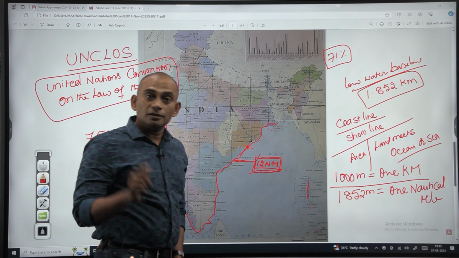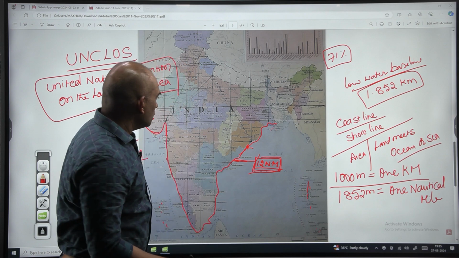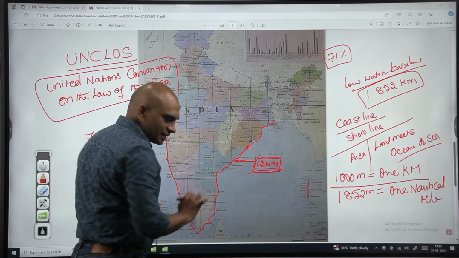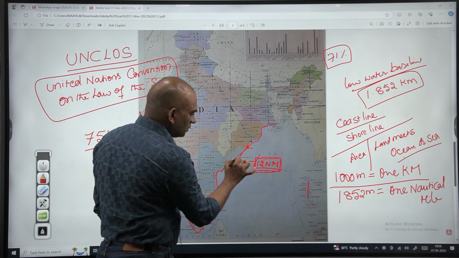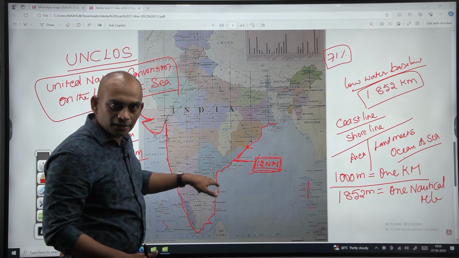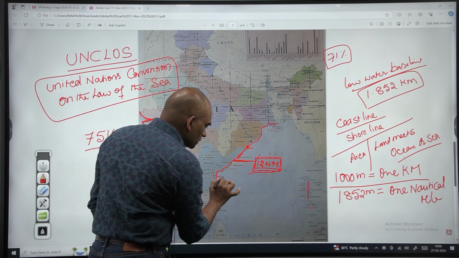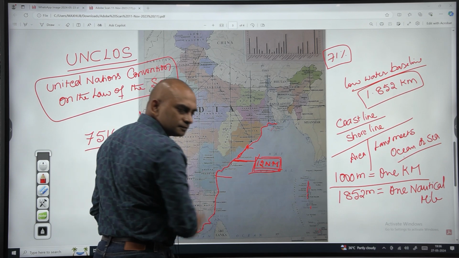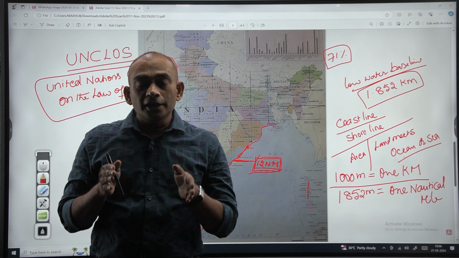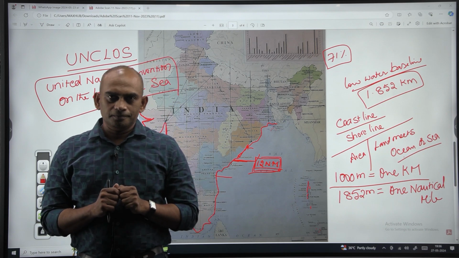They clearly mentioned this not only for India, but for every country. Suppose this area is protruded out, or deep inside, that means from here it is 12 nautical miles, and from here also it is 12 nautical miles. That is what we call territorial waters, the maritime boundary of a country.